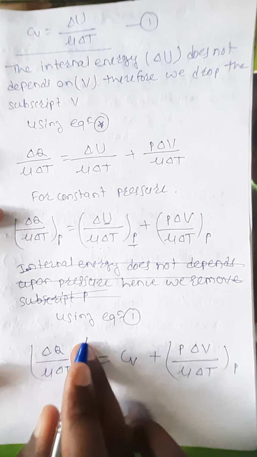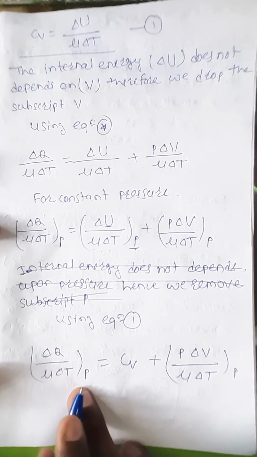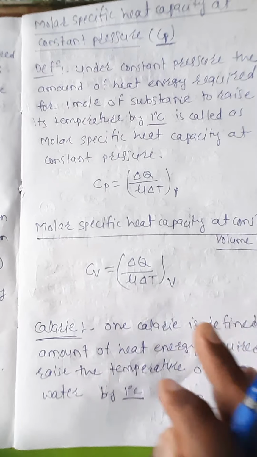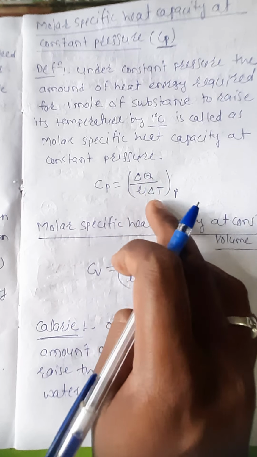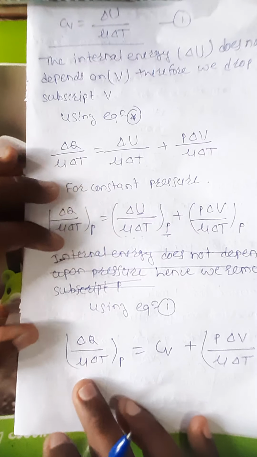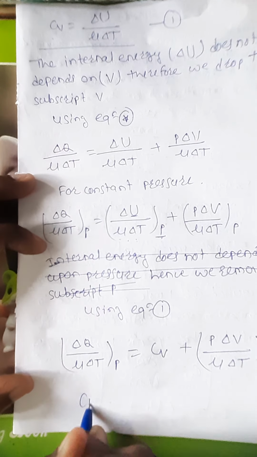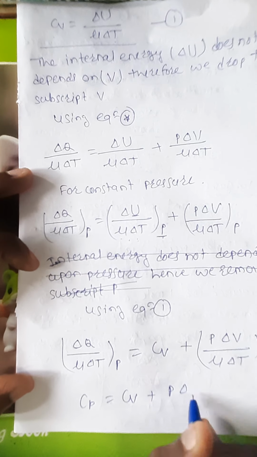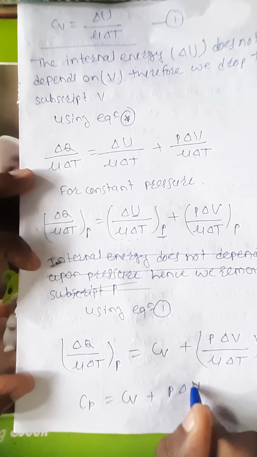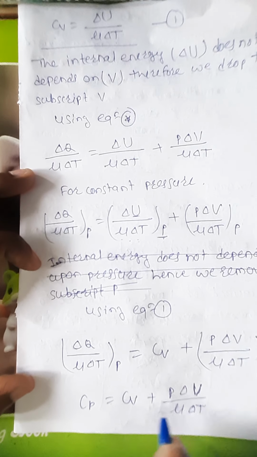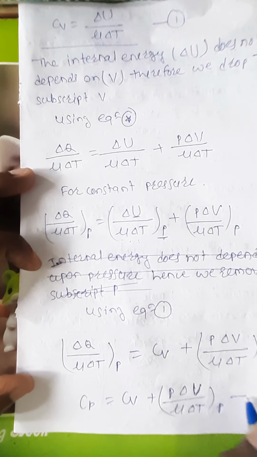Then you know that delta Q divided by mu into delta T at constant pressure means Cp. Therefore this is the Cp. Therefore Cp is equal to Cv plus P into delta V divided by mu into delta T at constant pressure.